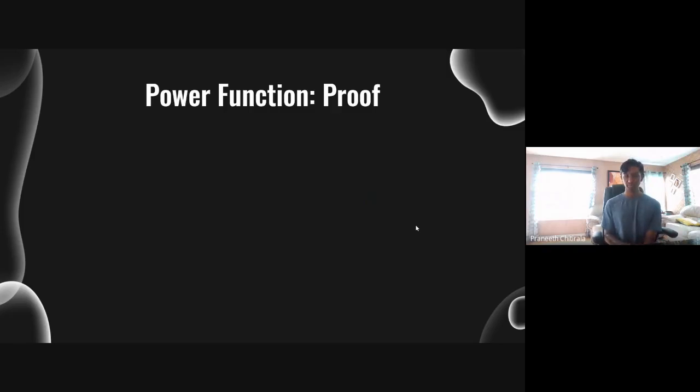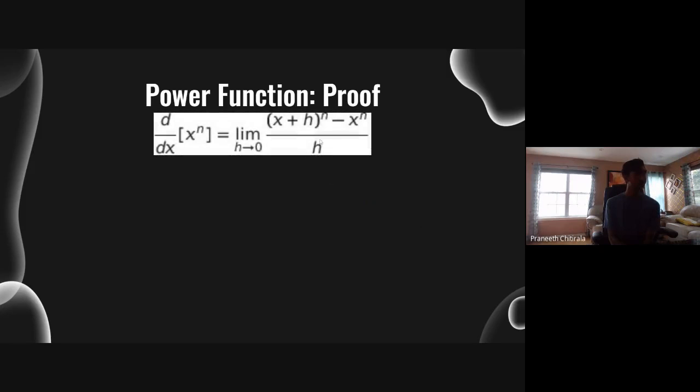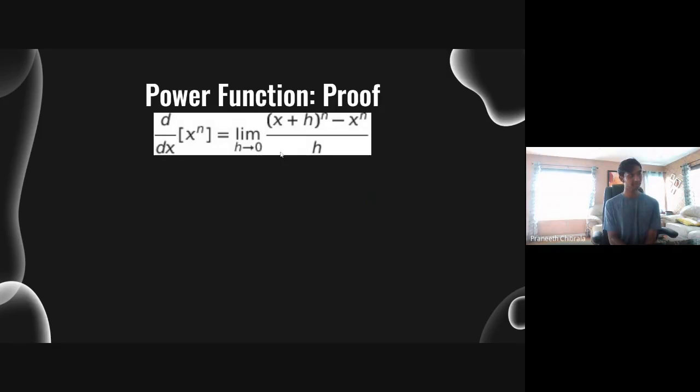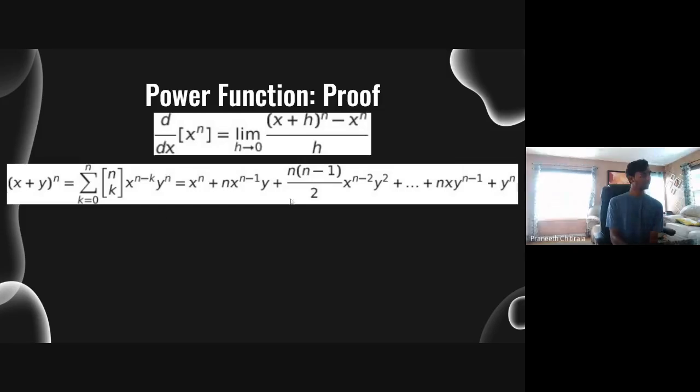So let's just prove why this rule works. Let's use the limit definition here. The derivative of x to the n with respect to x is the limit as h approaches 0 of x plus h to the n power minus x to the n power, all over h. If you recall the binomial theorem, x plus y to the n power can be expanded into this enormous sum.